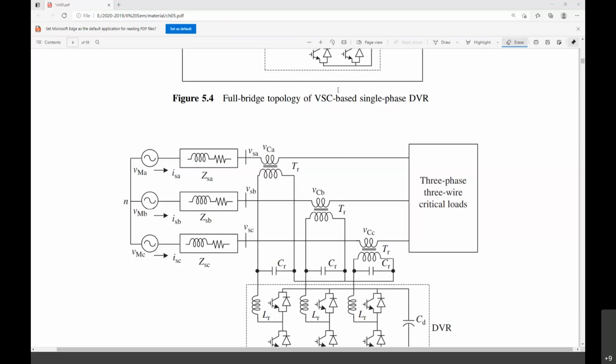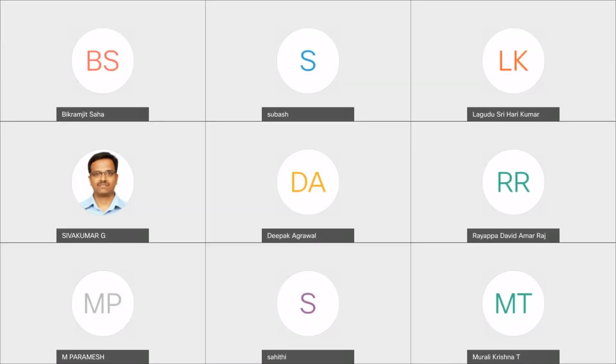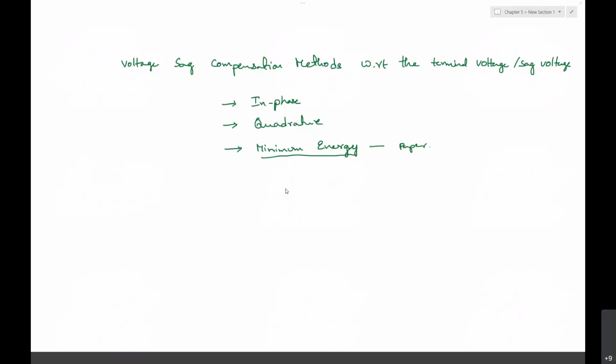Today I thought to discuss the control of an inverter while compensating the voltage sag. These were the things discussed: in-phase, quadrature and the minimum energy, which you are supposed to explore yourself also.